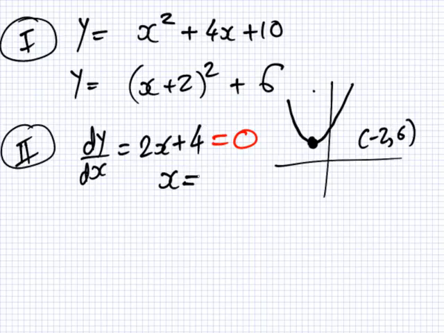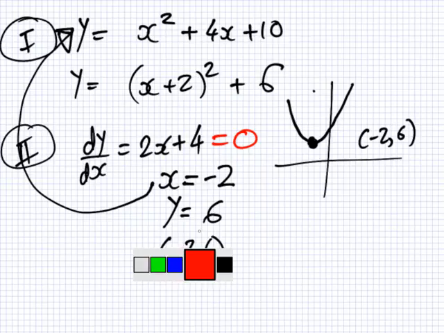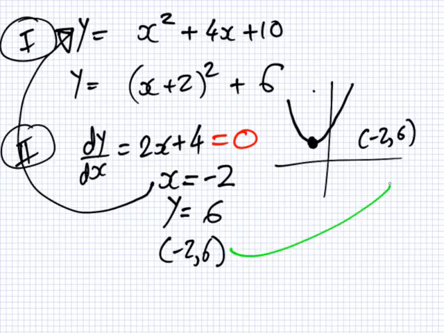Minus 4 over 2, which is minus 2. If I take this and put it back in here, I can get the y. And I'll find out that the y is 6. So the answer in this method is minus 2, 6. Which you can see is the same as the first method.